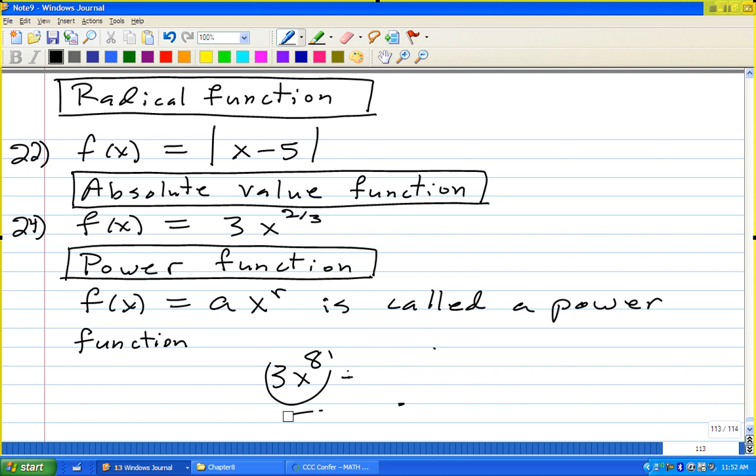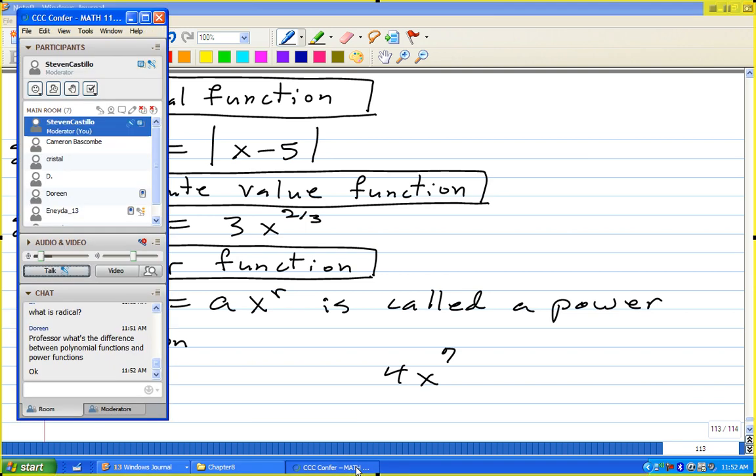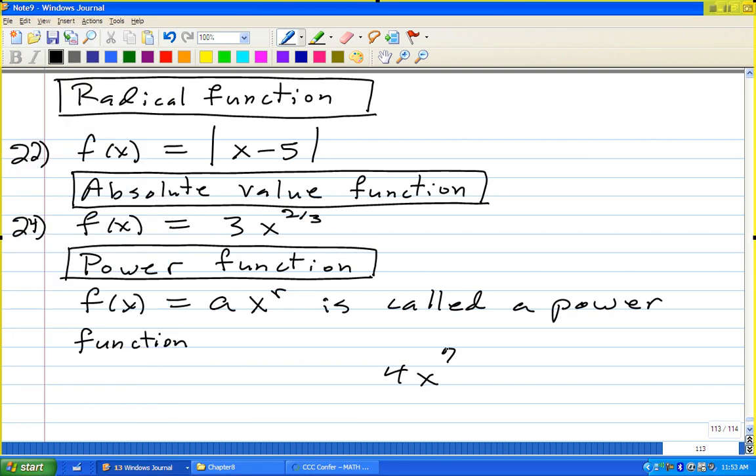For a power function, you could have any sort of exponent. You could have 4x to the 7.8. That would be a power function. This would also be a power function. It would also be a polynomial, but that'd be a power function. Okay, so if you only have one term, that's called a power function.